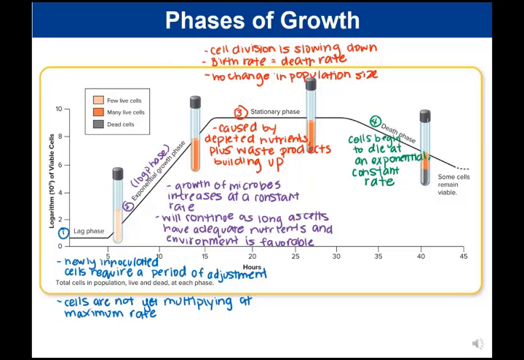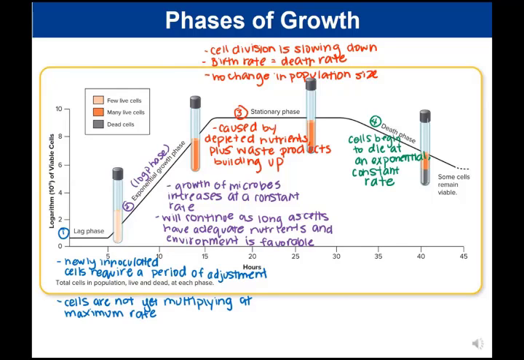This is going to be due to a buildup of waste products, a lack of nutrients, etc. And the speed with which death occurs is dependent on the resistance of the species, as well as how toxic the conditions are. Each species is going to have a different rate at which the death phase occurs.